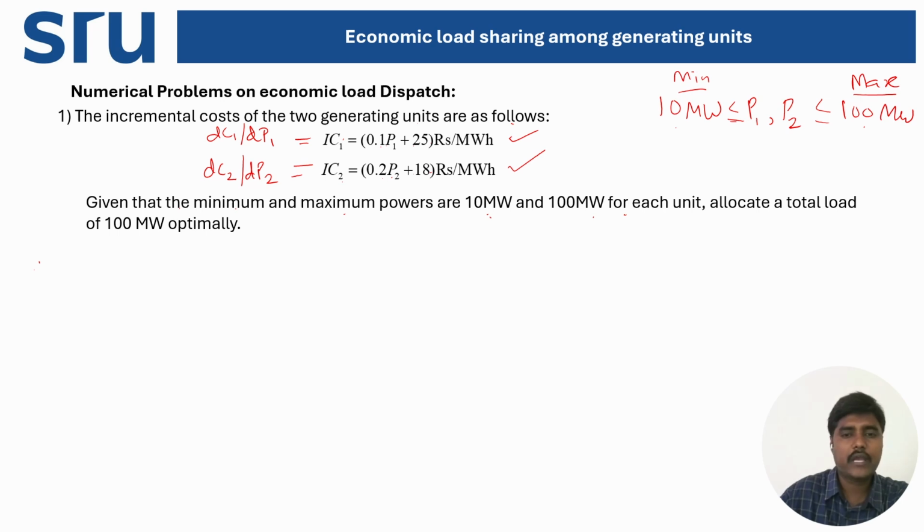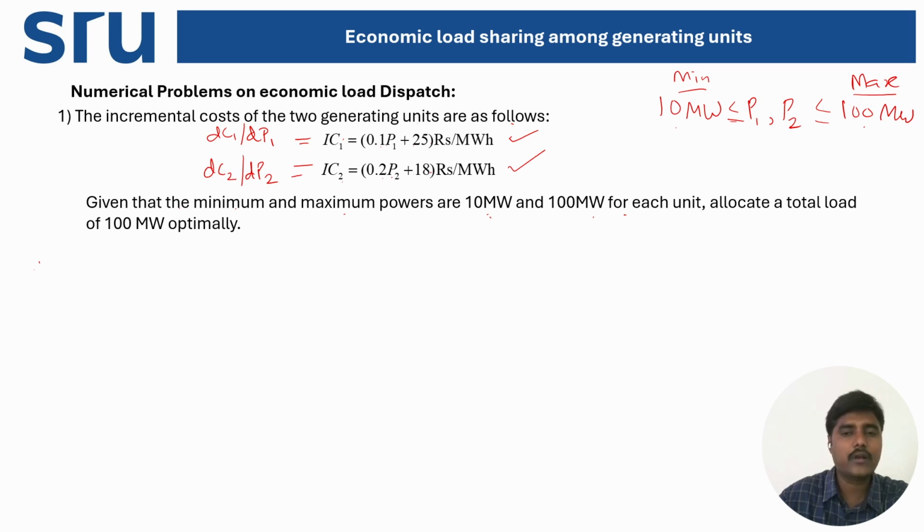Just now we saw that the condition for economic load dispatch has two cases. One is without losses, another one is with losses. So in the given problem, there is no information with respect to losses. That means you can consider this particular problem under case 1, optimum allocation of load without losses.